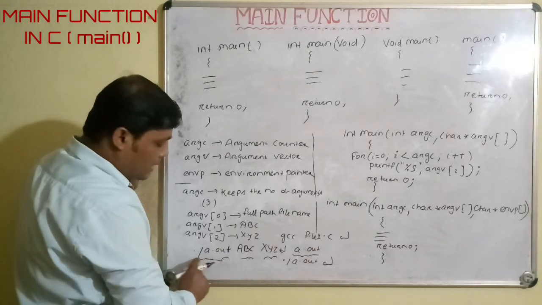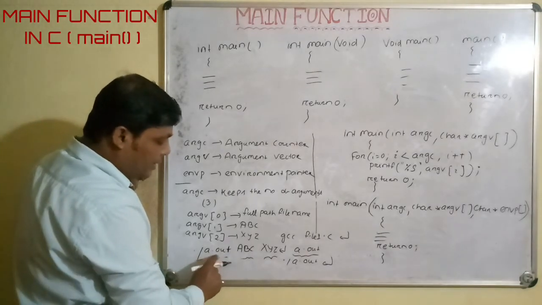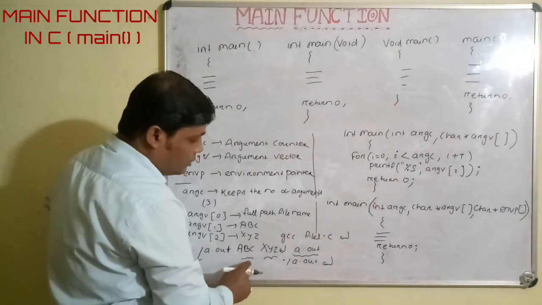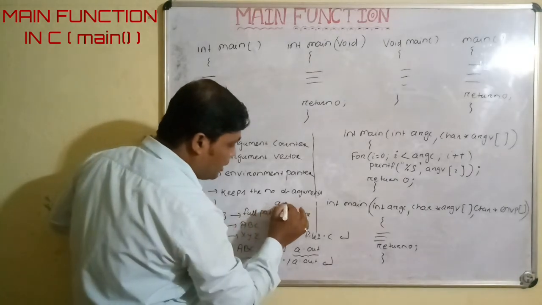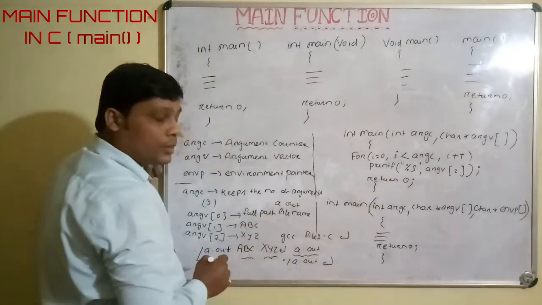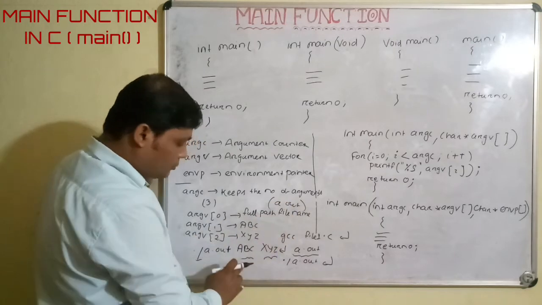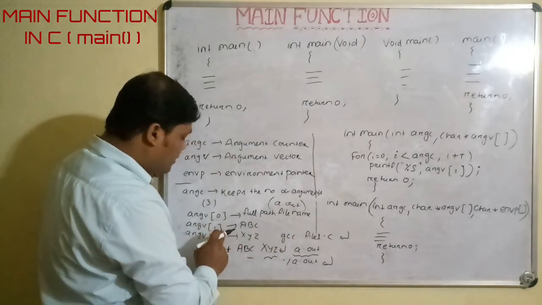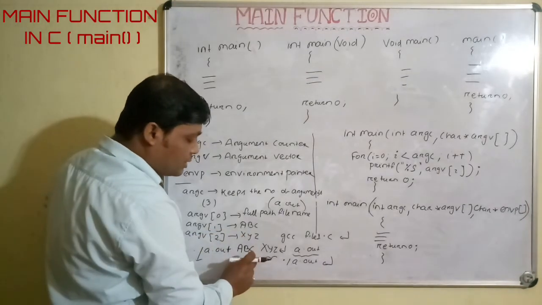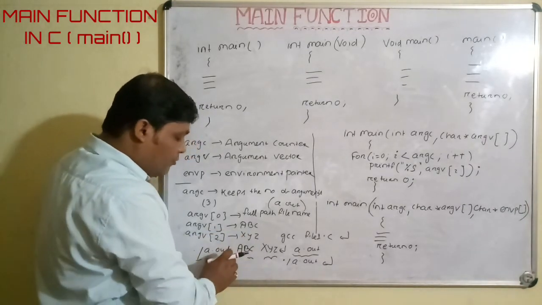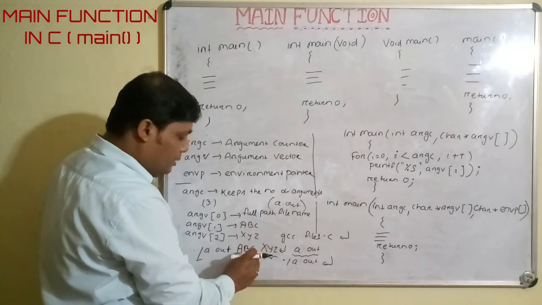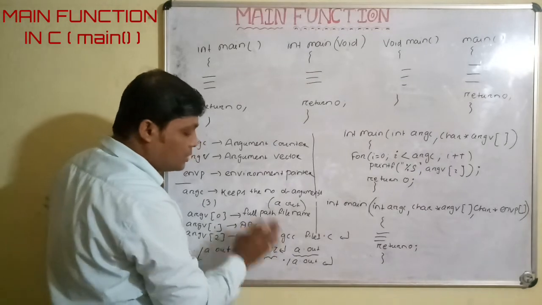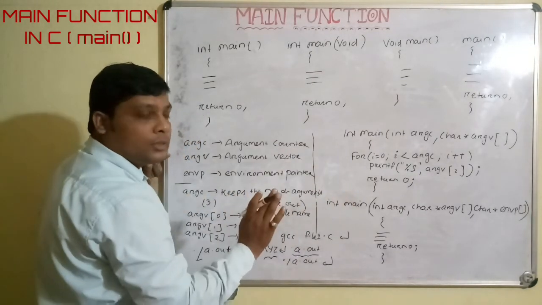This file name. As this executable file name is a.out, it will display a.out. Clear? Then argv 1 will display the second argument, that is whatever argument is after the file name. Clear? This is abc. Then argv 2 will display xyz like this.